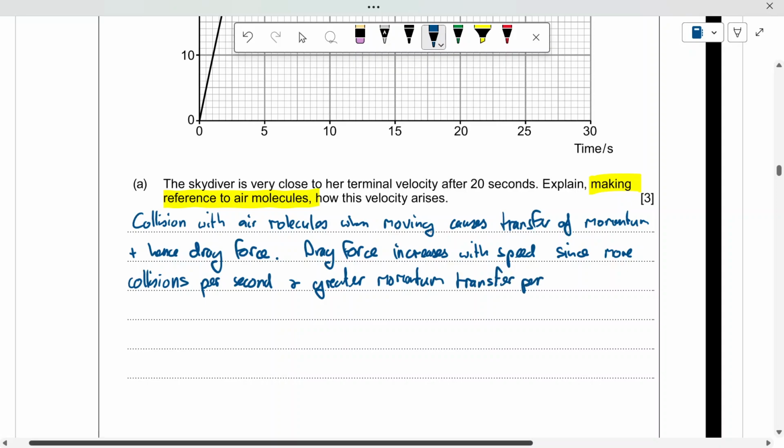This is a 3-mark question, and I'm probably going to write more than is necessary, to be honest. So I've explained why the drag force increases with speed.